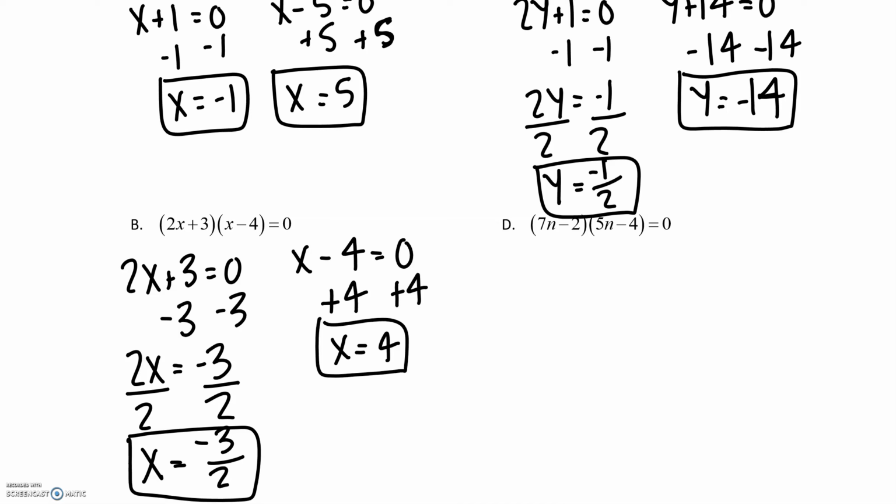And our last one, we will have 7n minus 2 equals 0, and 5n minus 4 equals 0.